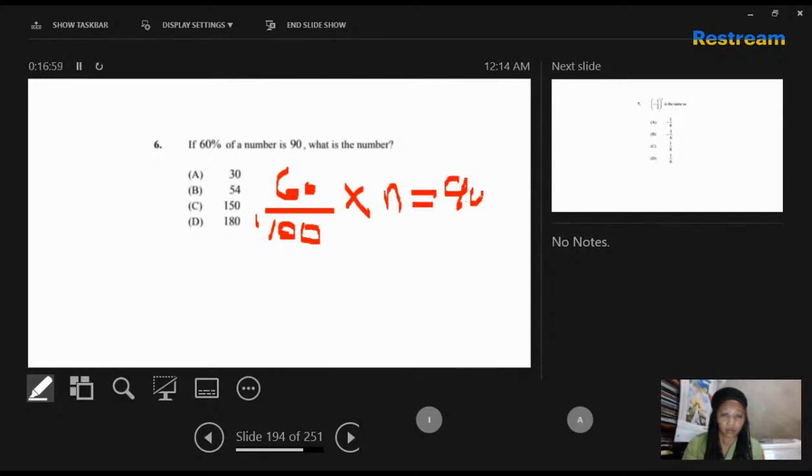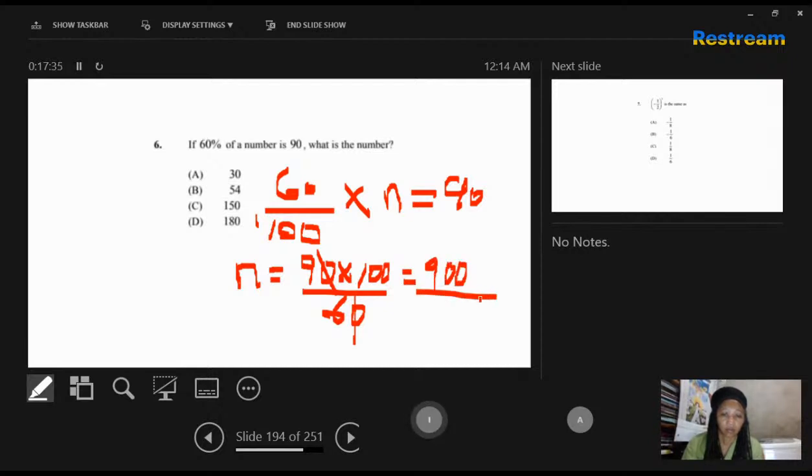So n would be 90 times 100 over 60. 3 into 6 and 3 into 9. So it would be 900, and that would be 150. That's C.